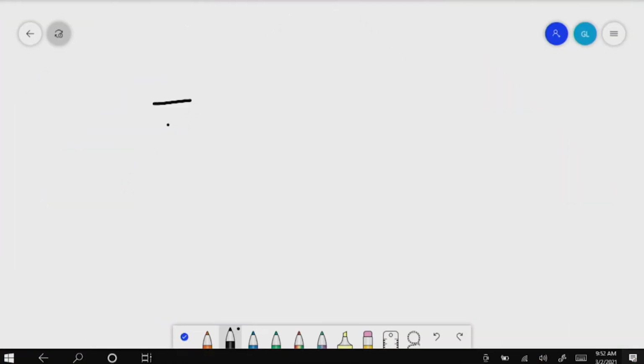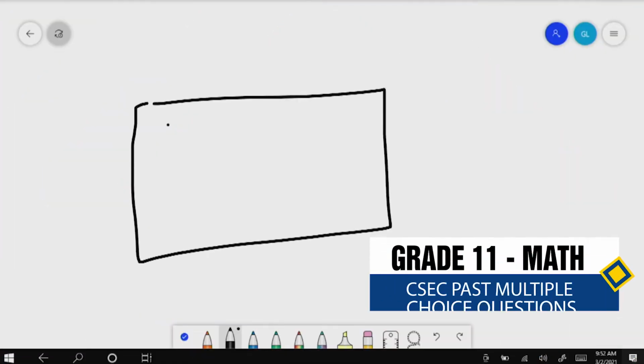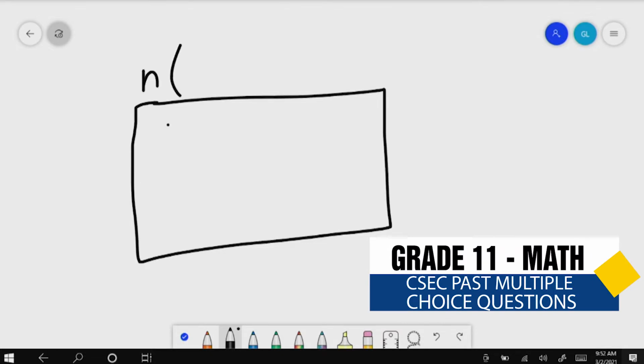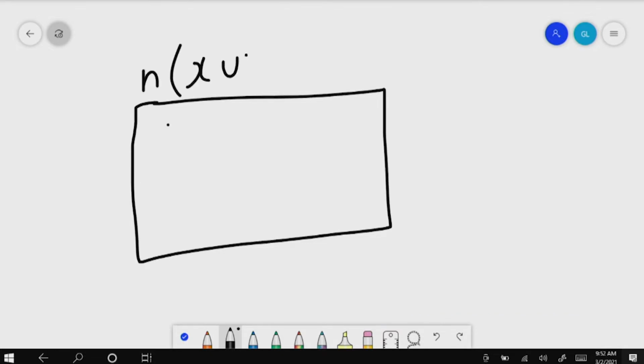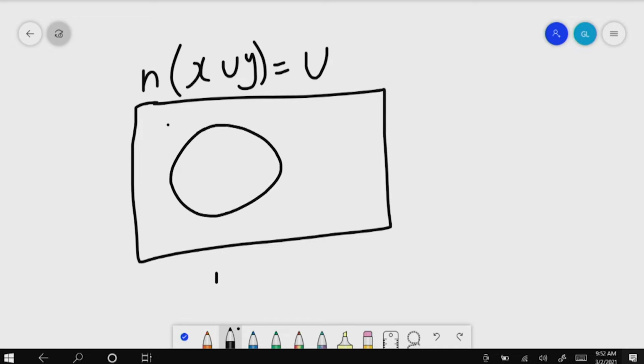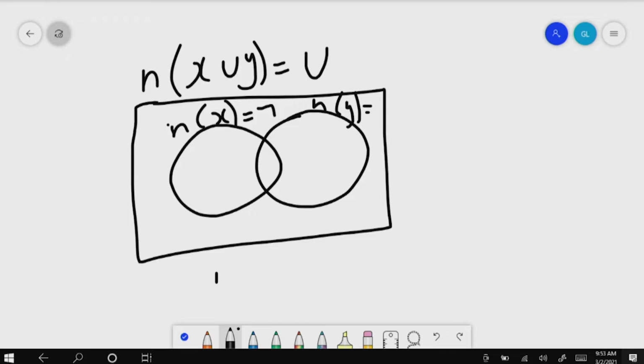Now, here we have a question that is asking of us to find the number in x union y, given the number in set x equals 7, the number in set y equals 5, and the intersection of the two of them is 3.